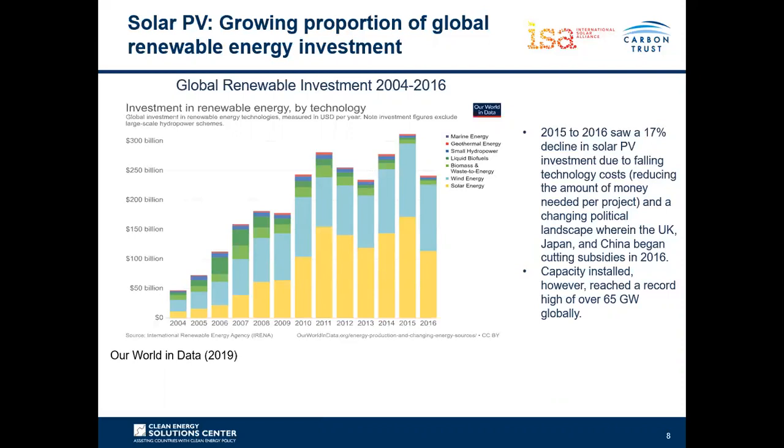And the second reason is that a few countries such as the UK, Japan, and China began cutting the subsidies in 2016, which meant that a lot of the developers were pushing to get the projects finalized and commissioned by 2015, and then the dip thereafter is a result of the change in the political landscape and the subsidy environment. Capacity, however, still reached a record high in 2016 of 65 gigawatts. So it's not to say that the capacity has come down, it's the investment, as a result of these two factors, that decreased between 2015 and 2016.